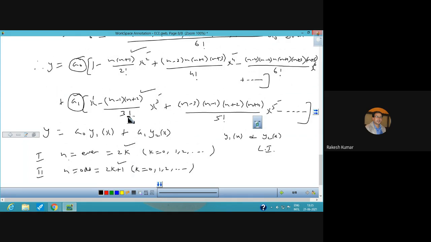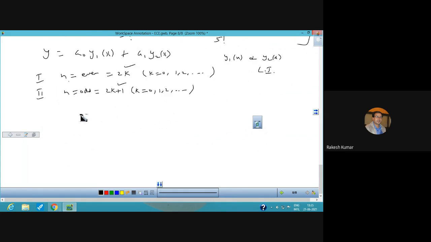So we have to adjust the values of a0 and a1 suitably chosen so that the resultant solution will become y is equal to c1 into Pn(x) plus c2 into Qn(x).